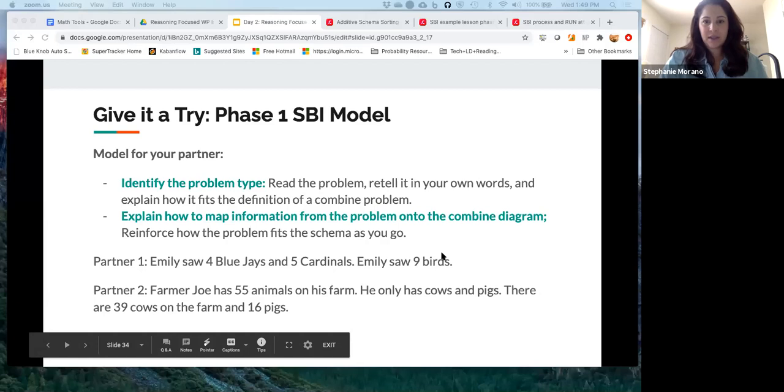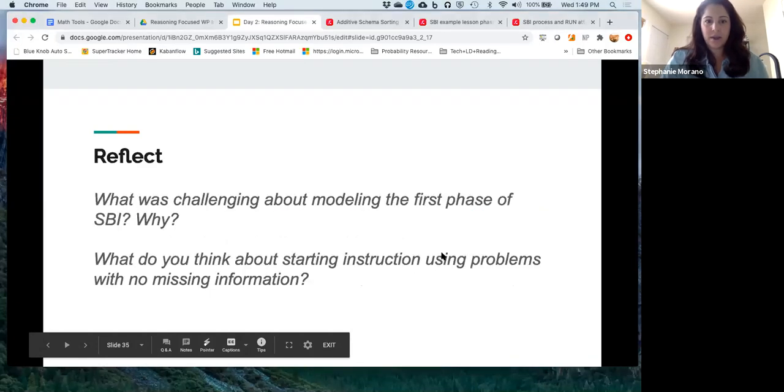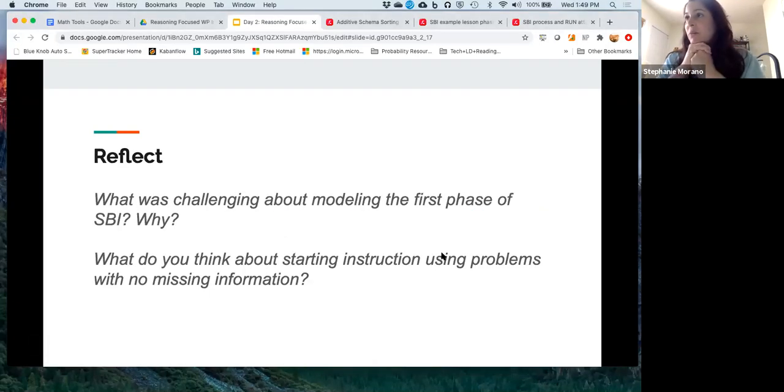So I want to take a minute just to reflect. I got to visit a couple of rooms this time, and I heard some really interesting conversation about how this process of using problems that don't have any missing information, spending time to identify the problem type and then map onto the diagram, how that's a little bit different than other approaches that people have used in the past for teaching problem solving.